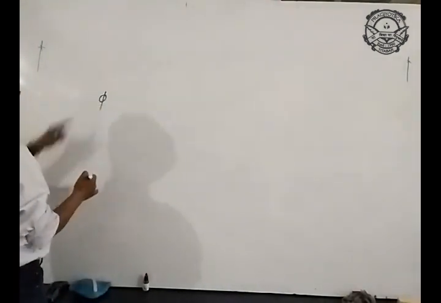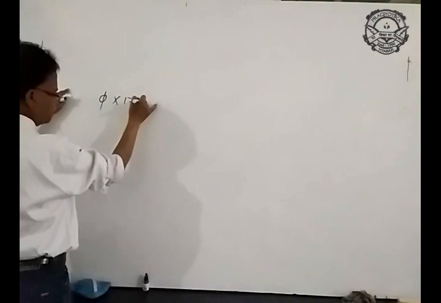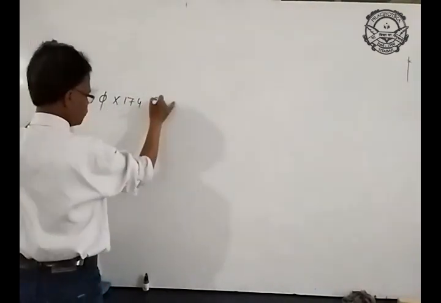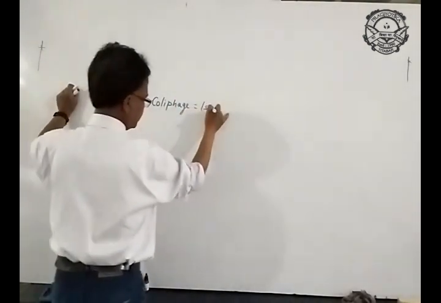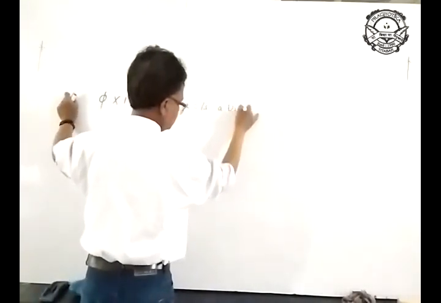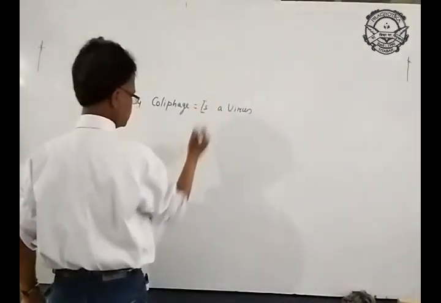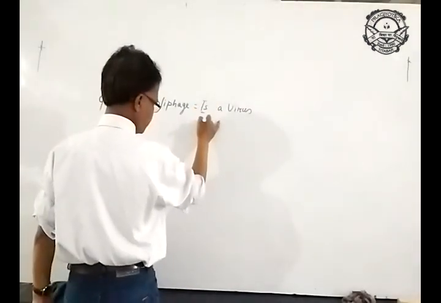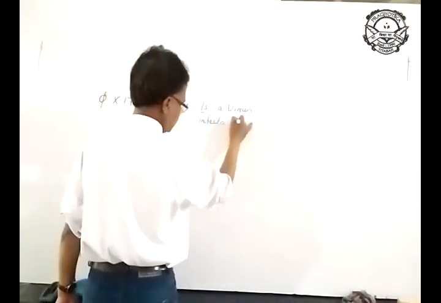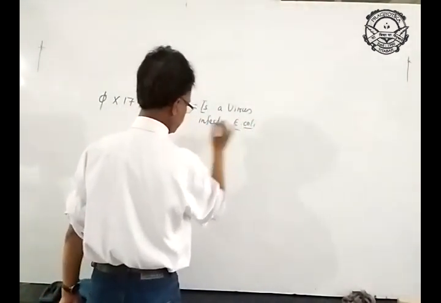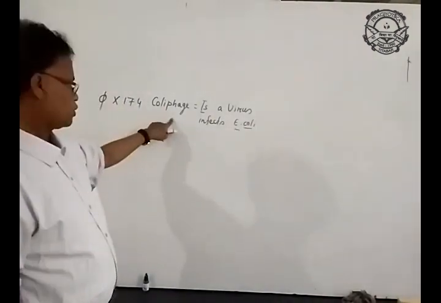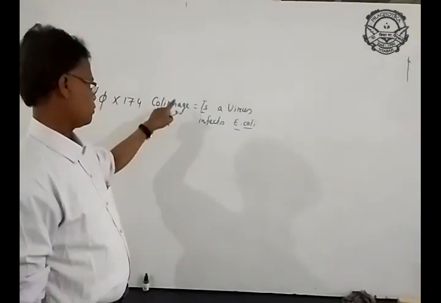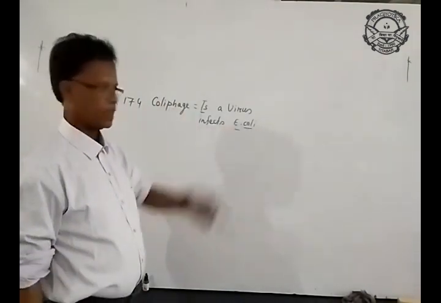The organism is the virus phi X 174, a bacteriophage. It is a virus that infects E. coli, Escherichia coli.